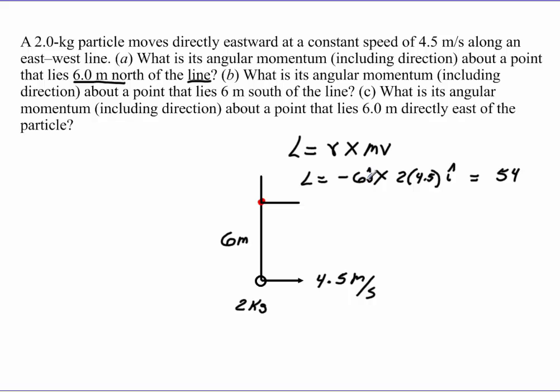That's -6 j hat. This, in relationship to this, is going 2 times 4.5 i hat. And if I do j cross i hat, don't I get a negative times negative k hat? Which in this case is going to give me 54 kilograms times meters squared over seconds.